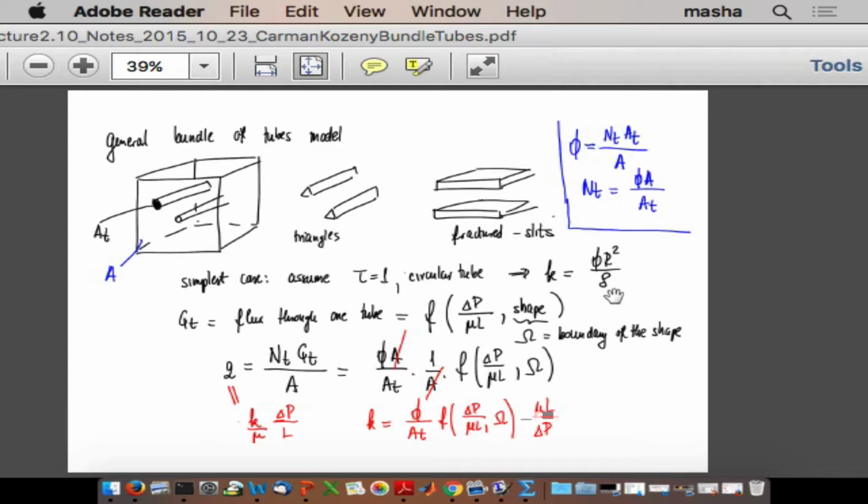Whereas a tortuous tube would also be divided by some tortuosity factor, and that factor can be fitted. So yes, for different assumptions or different estimates, you're going to get different numbers, even though you're supposedly modeling the same medium. Okay, such is life in petrophysics. Because again, we're upscaling, and we don't know all of the details that will give us exact assumptions.